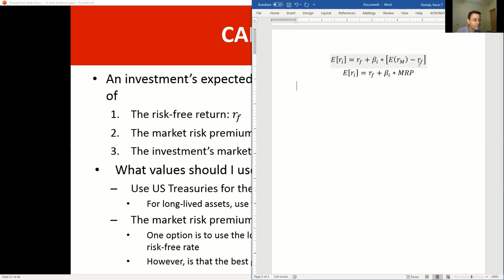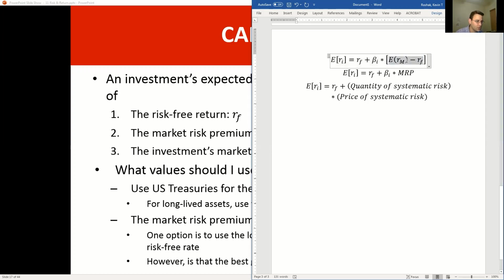Another way to say this is the return on I is equal to the risk-free rate plus the quantity of systematic risk that you take. That's beta multiplied by the price of systematic risk. Investors in the stock market have determined that they're willing to take that risk as long as they earn this return.